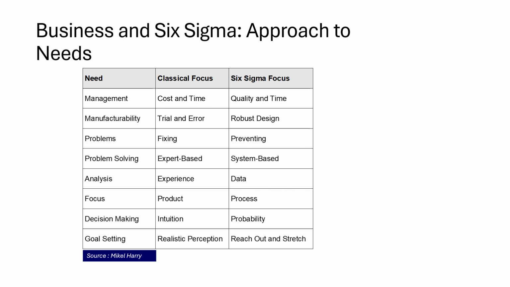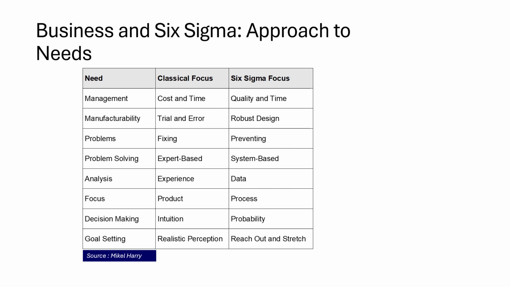Let's look at the need, manufacturability. The classical focus was on trial and error. We think this is the issue. We think these are the causes, and let's hope for the best.